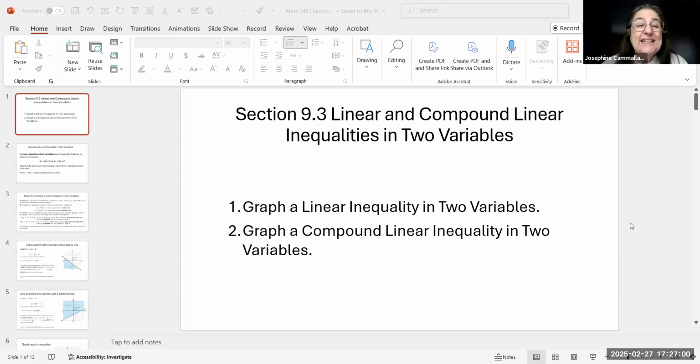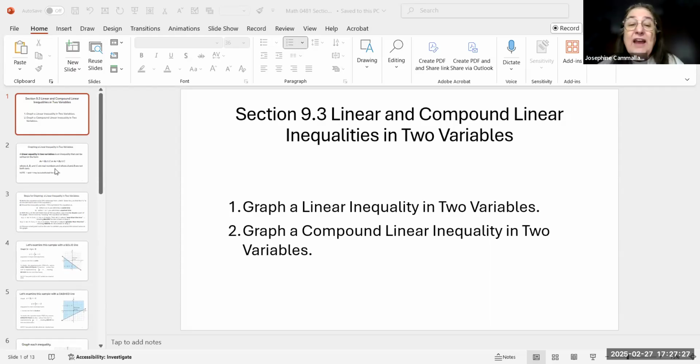Now, these are a little different than the equations that you've been drawing because there is an area that you need to shade, and shading can be really easy if you understand how to read the algebra symbols.